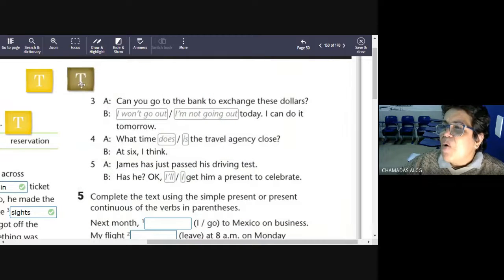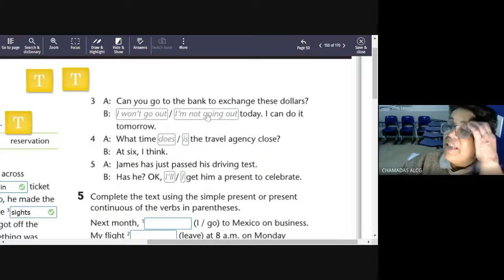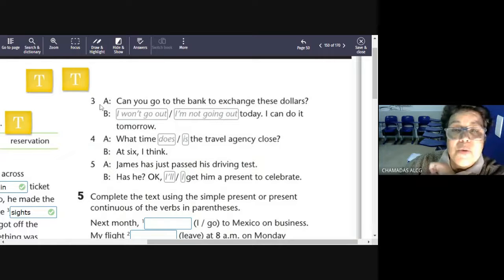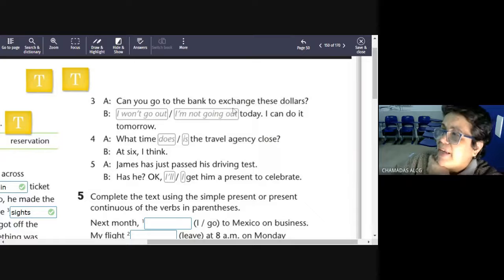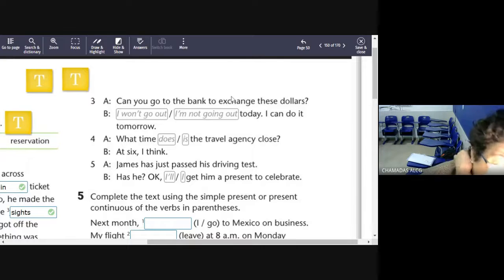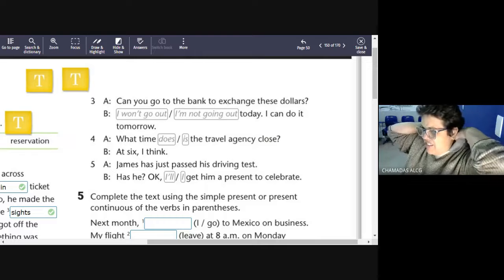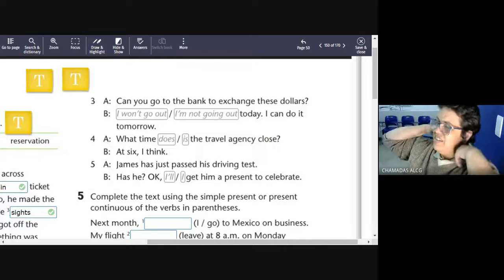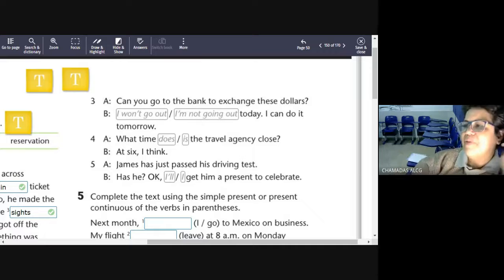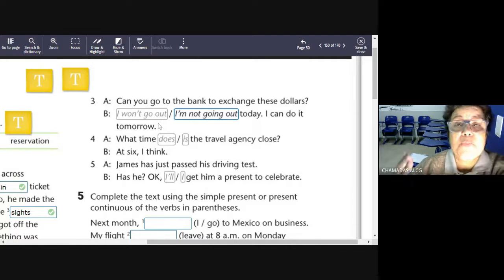Good. Now, based on this, let's see exercise number 3. Can you go to the bank to exchange these dollars? What is the answer there? You can use the second one. You can say, oh, I'm not going out today. I can do it tomorrow, because this is your plan.